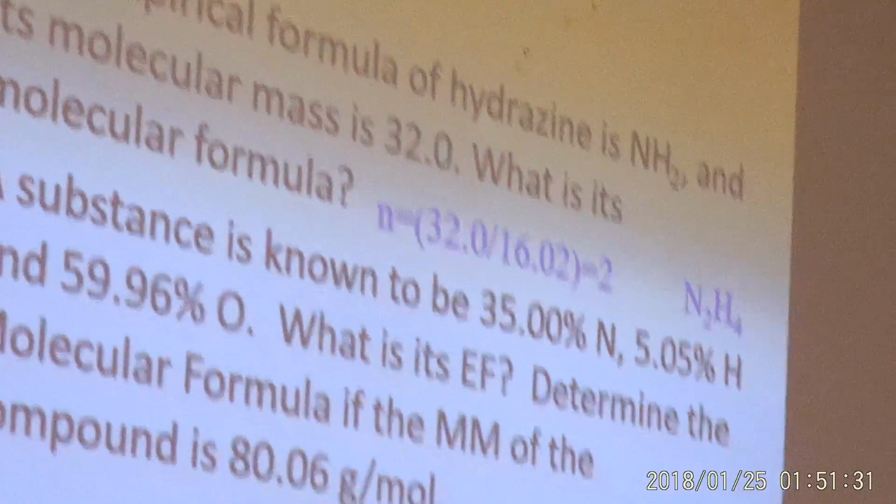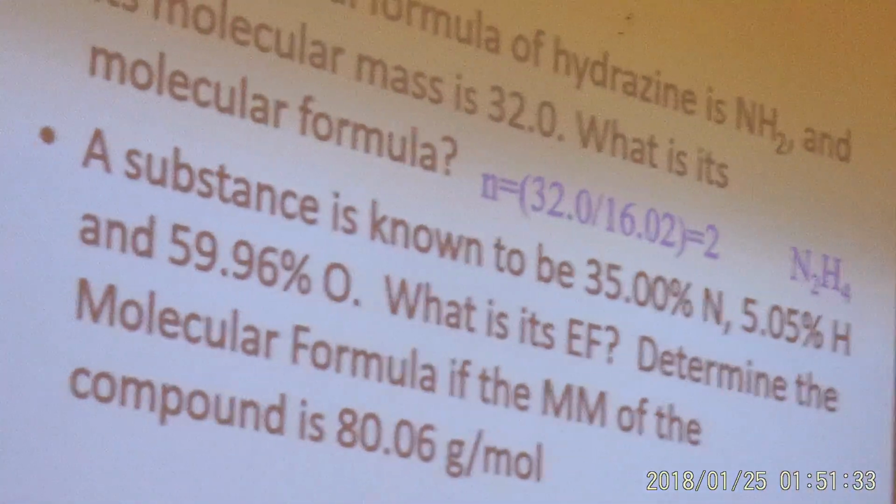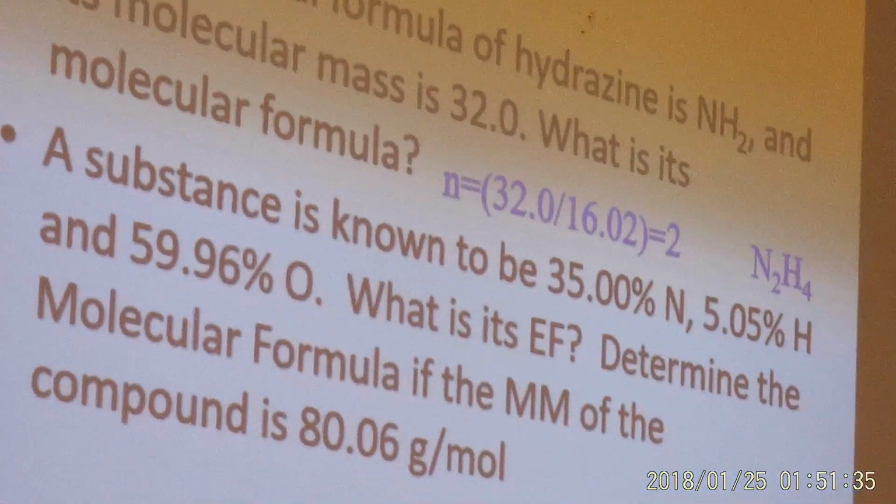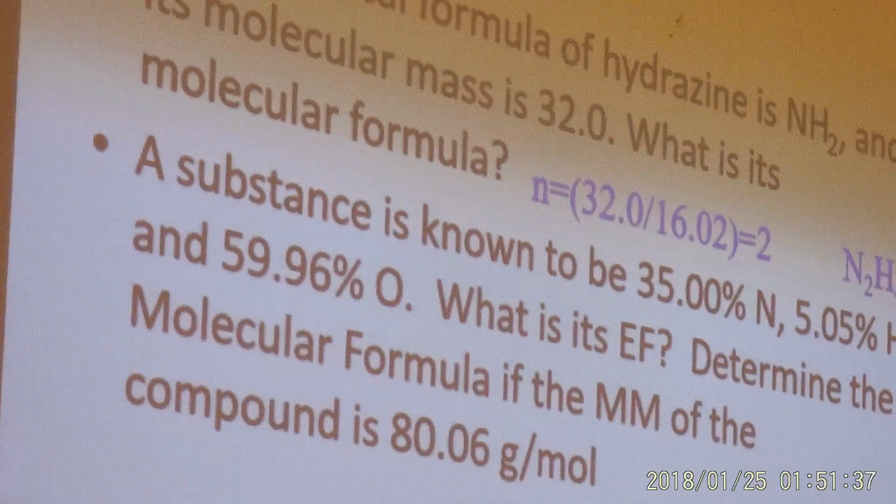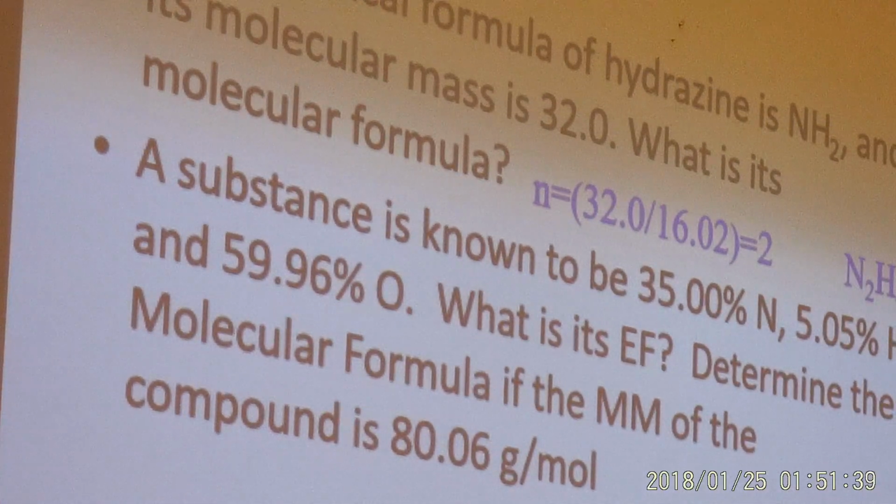Okay, go for it. Talk to your neighbor. Any ideas about this one? Okay. Do you recognize that we're looking for the empirical formula? Right? And the empirical formula is the ratio, right?